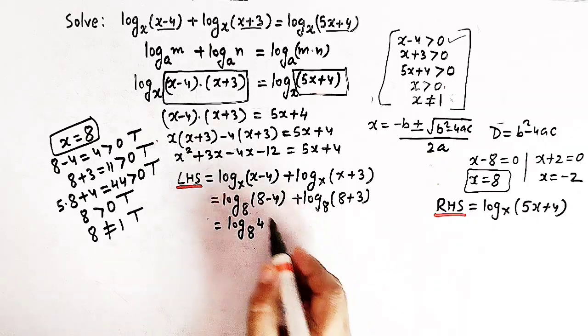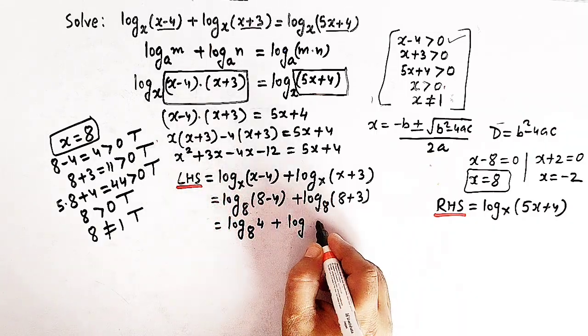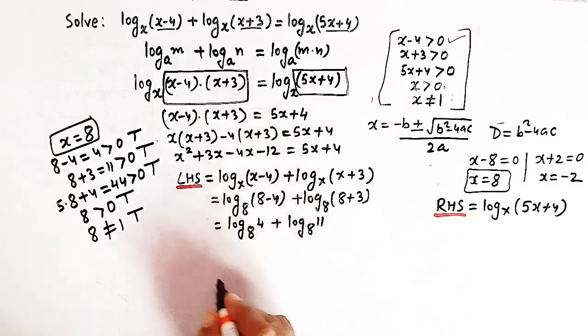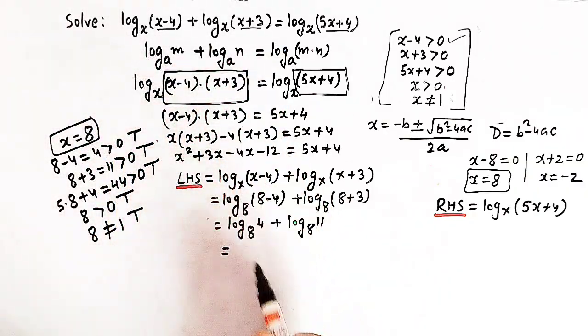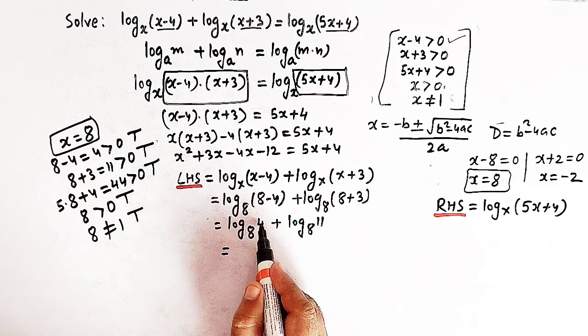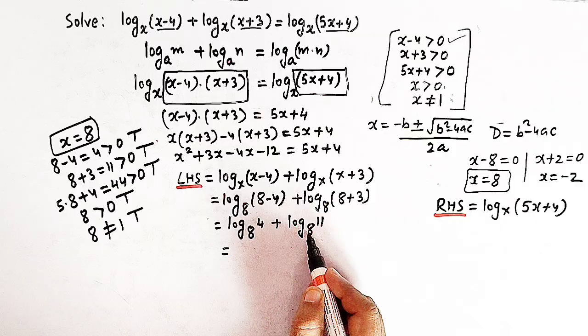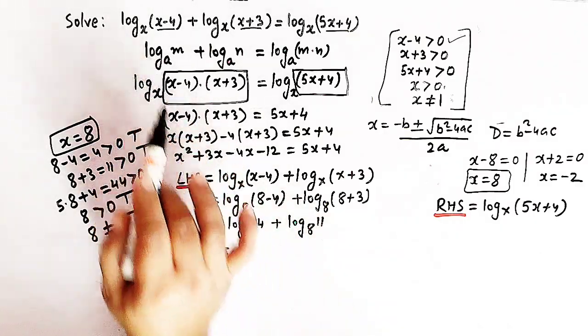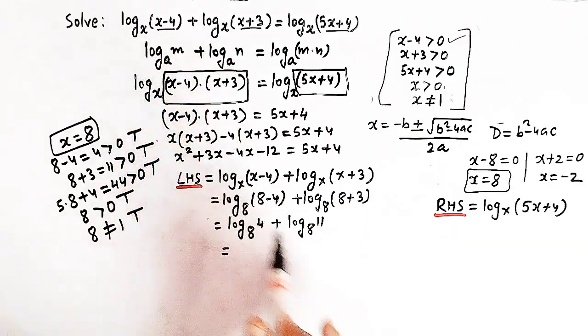Here we have 8. 8 minus 4 is 4. Then we have log of 11 to the base 8. So now again using this property, we have logarithm of 4 to the base 8 plus logarithm of 11 to the base 8. So here the value of a is 8, m is 4, and n is 11.